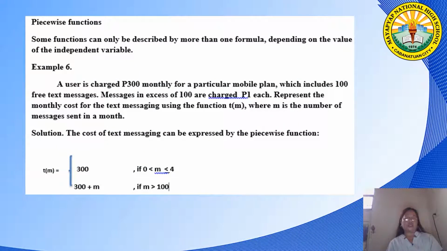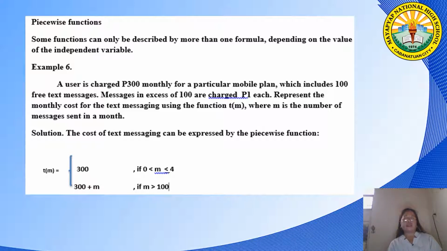Piecewise functions. Some functions can only be described by more than one formula, depending on the value of the independent variable. Example: a user is charged 300 monthly for a particular mobile plan, which includes 100 free text messages. Messages in excess of 100 are charged 1 peso each.